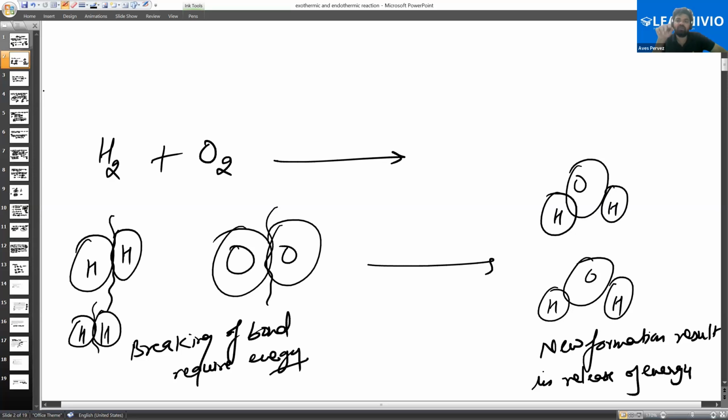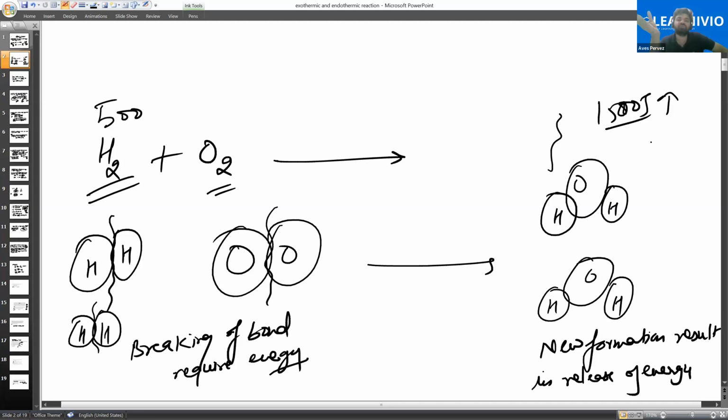You spend 100, you sell it for 120, so there is a 20 rupees profit. So let's say you give in total 500 joules of energy to break the bonds of hydrogen and oxygen, and let's suppose you get 1500 joules of energy released. So what would happen? There will be a profit of 1000 joules of energy.